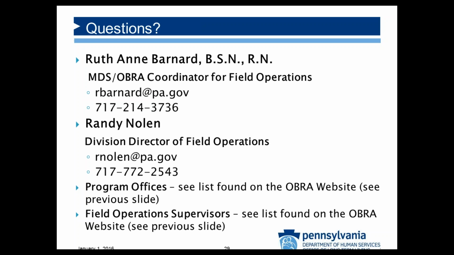Some of the other questions: what do you mean by specialized services? If you look at the PASRR 2, the level 2 evaluation form, the specialized services are listed under each program office. This is not a form that nursing facilities fill out. This would be something that field operations or the AAA would actually fill out.